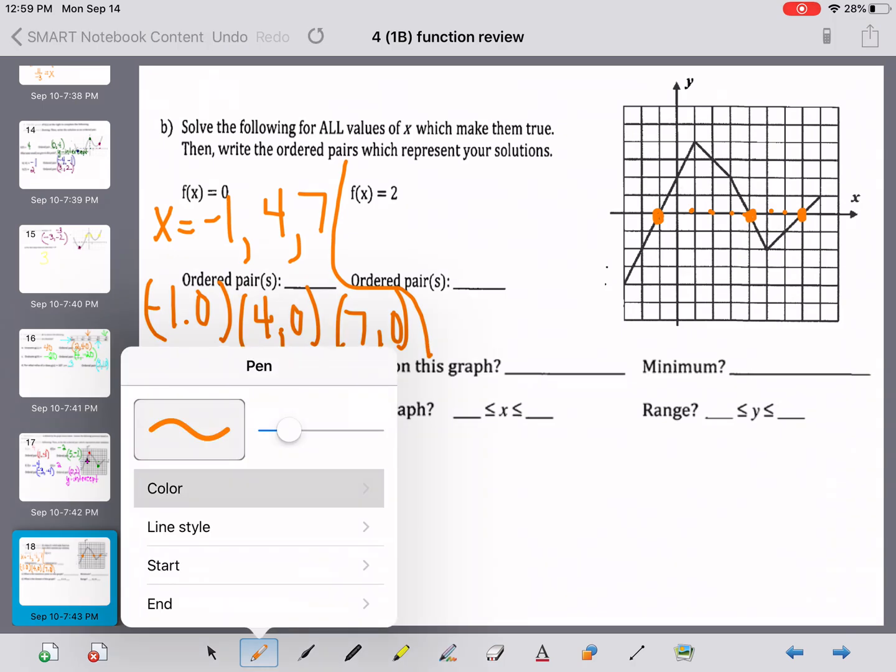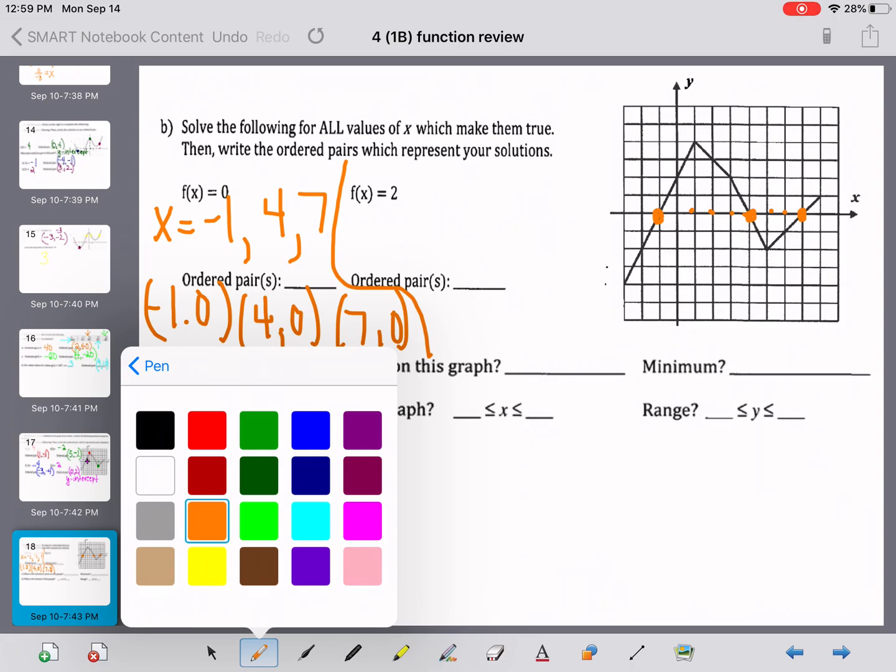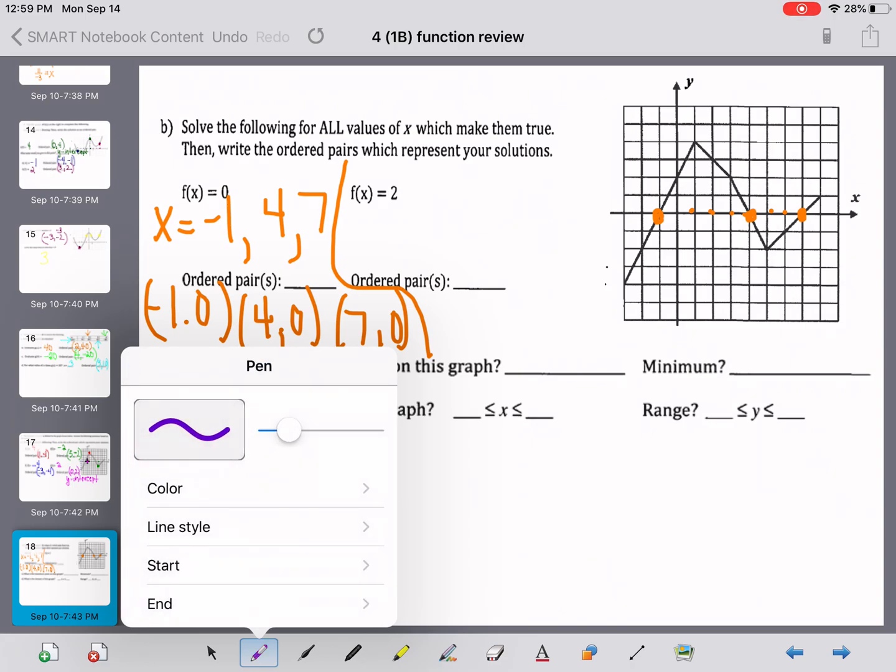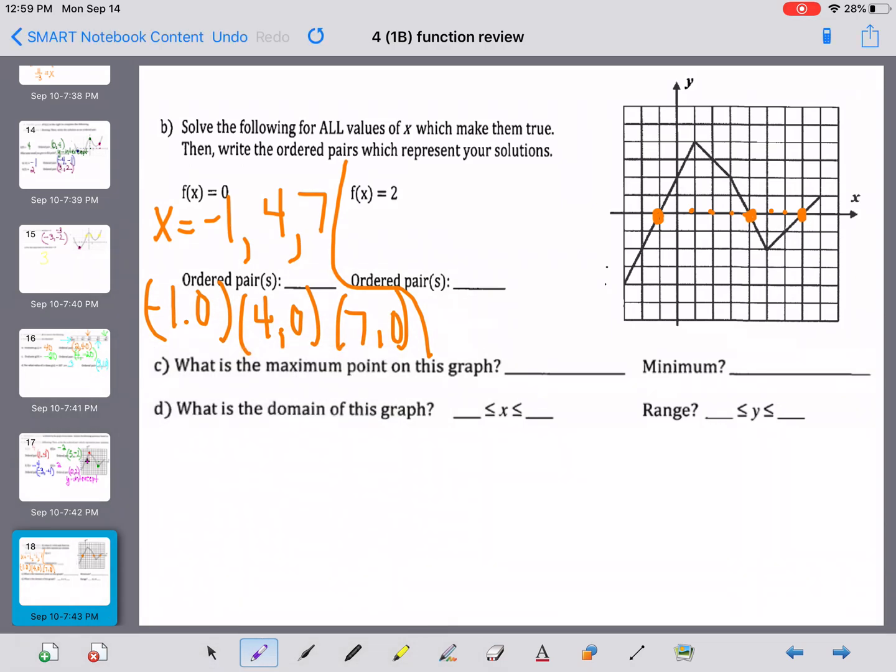So let's switch colors here and let's see what f of x equals 2. Well, when we look at this graph, f of x equals 2. Here's a value. Here's a value. And those are the only 2. So when f of x equals 2, x is going to equal 0. We didn't go right or left.